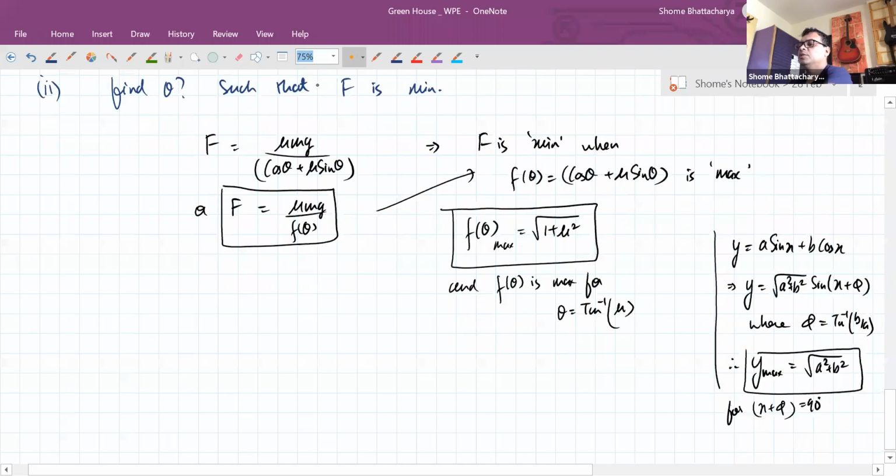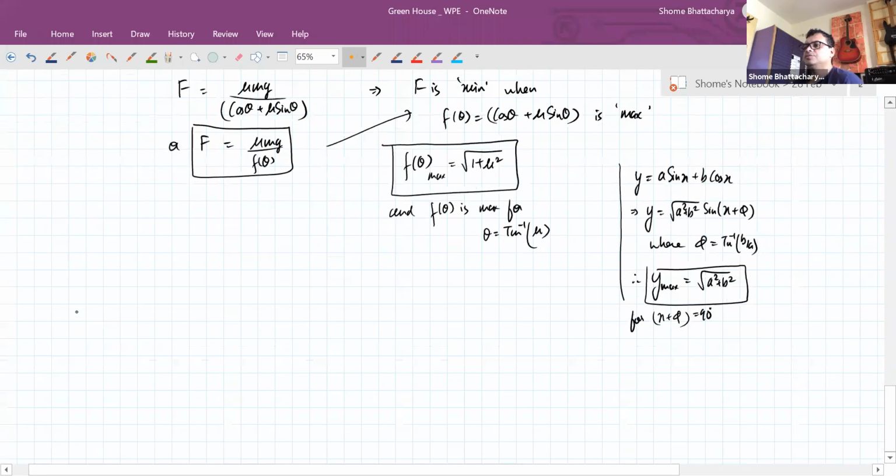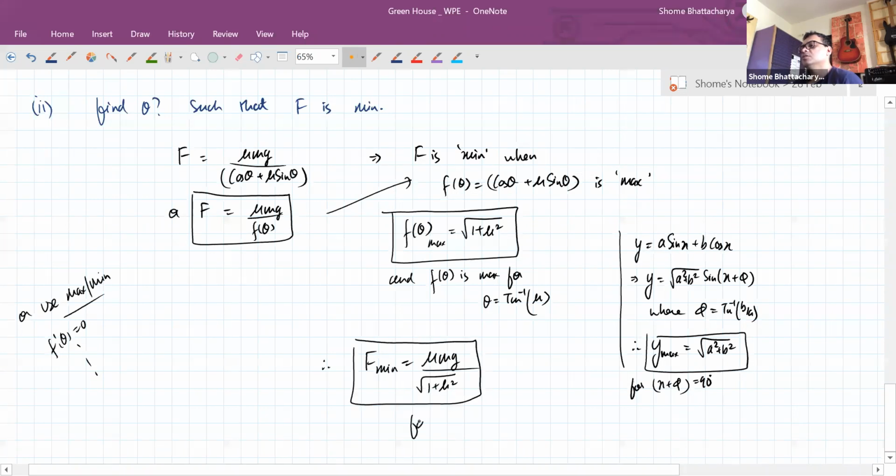So use this trick from trigonometry, then you don't even have to do differentiation. Otherwise, you can also do maxima minima. So anyway, F's minimum value will be equal to mu mg upon square root of 1 plus mu square. And this will be for theta equal to tan inverse mu.